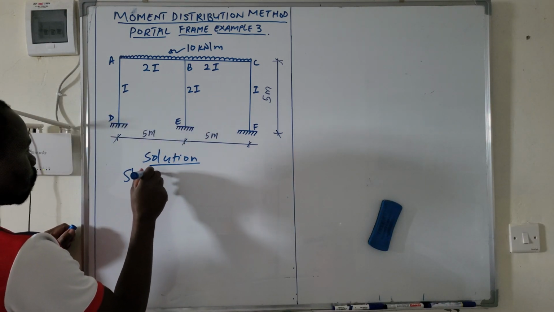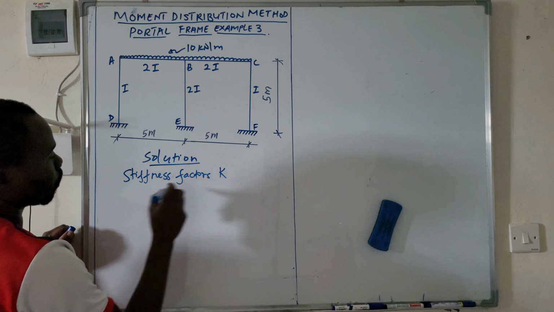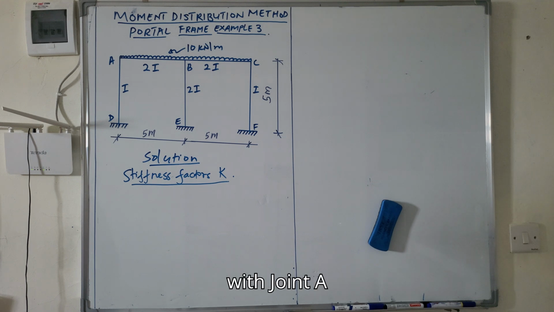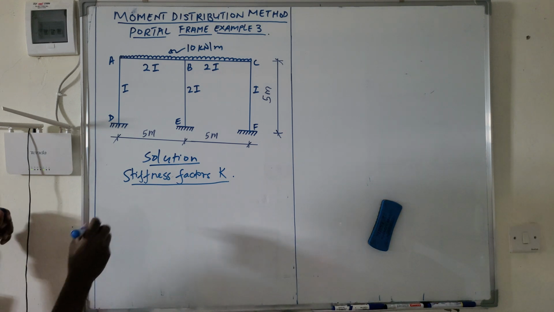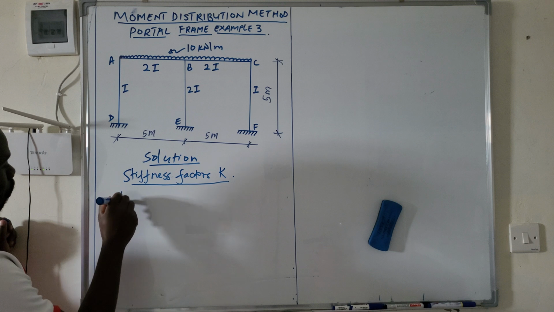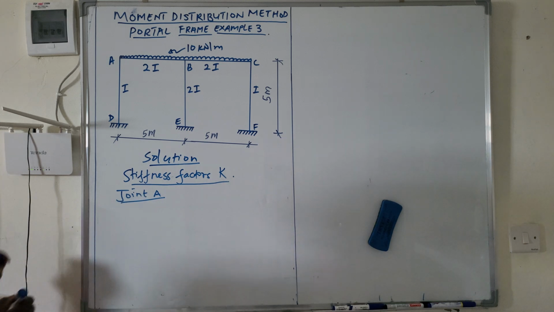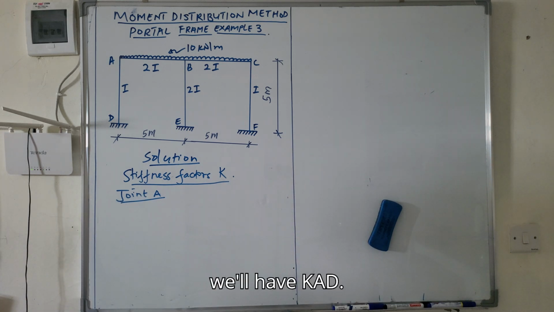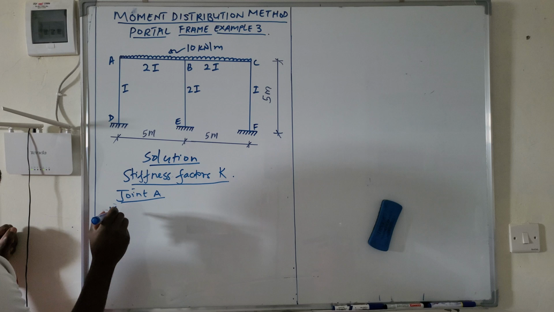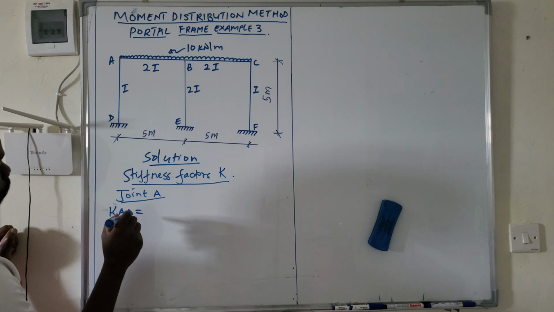For K, let's start with joint A. For joint A, we will have KAD, let's say K1.